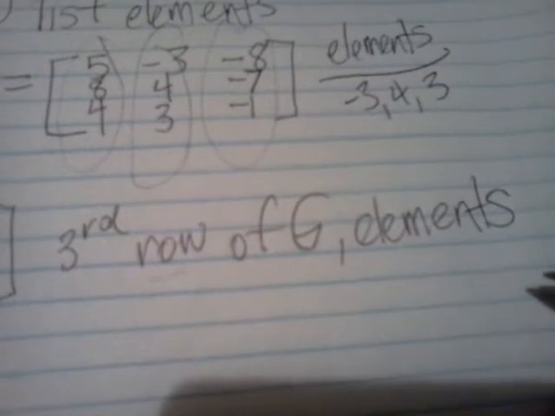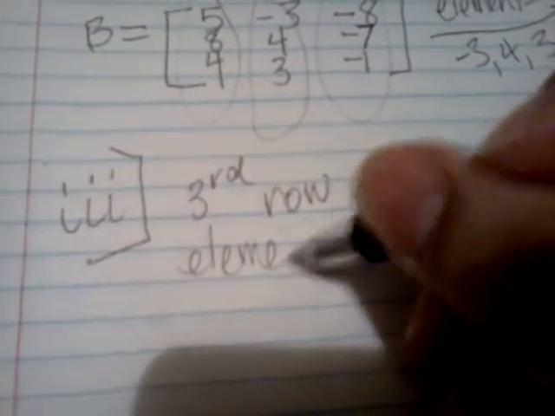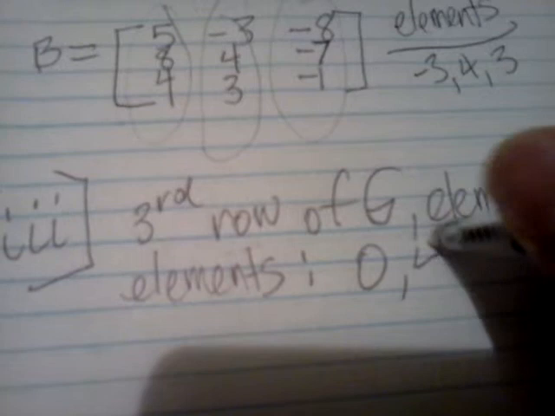That's the first row, the second row, and this is the third row. So what are the elements? 0 and 4, and that's it. So the elements of the third row of G are 0, 4. And you're finished with that one.